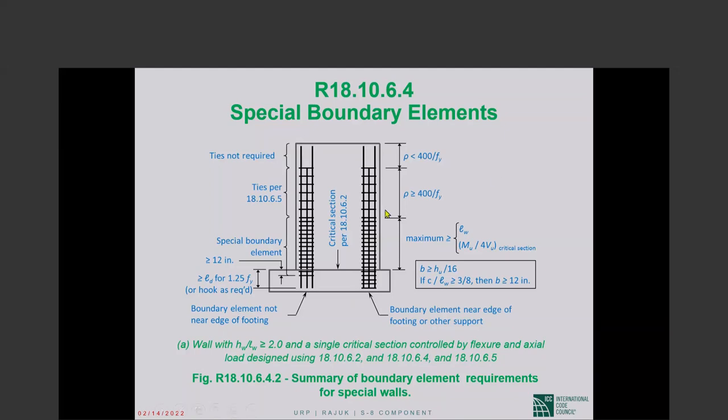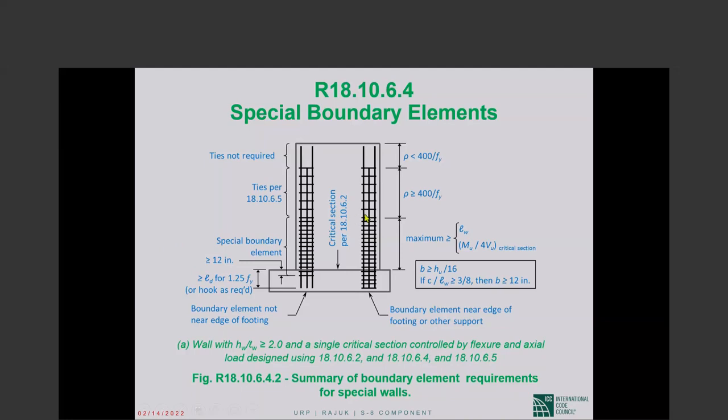The question is, where special confinement drops off, we don't need it anymore. What then? Typically, at that section, we will still need quite a bit of compression reinforcement. So we will exceed the local reinforcement ratio, typically exceed 400 over f sub y.